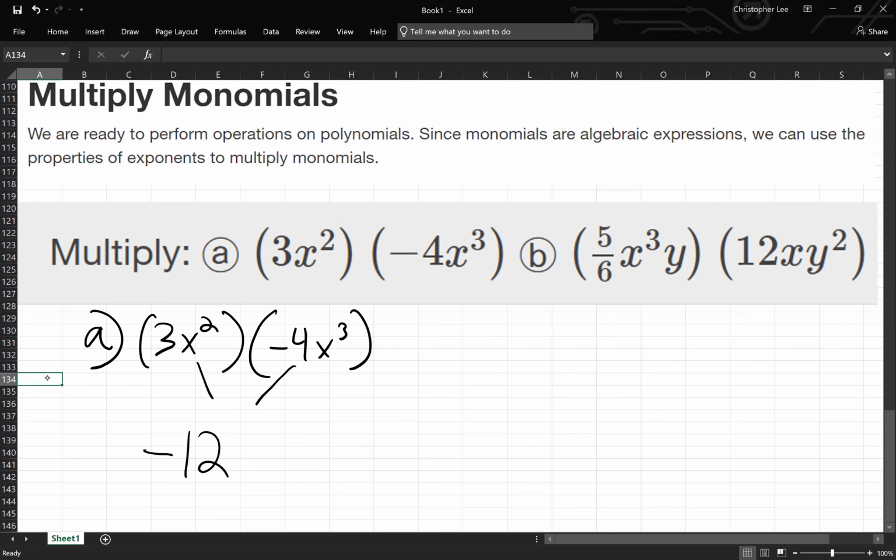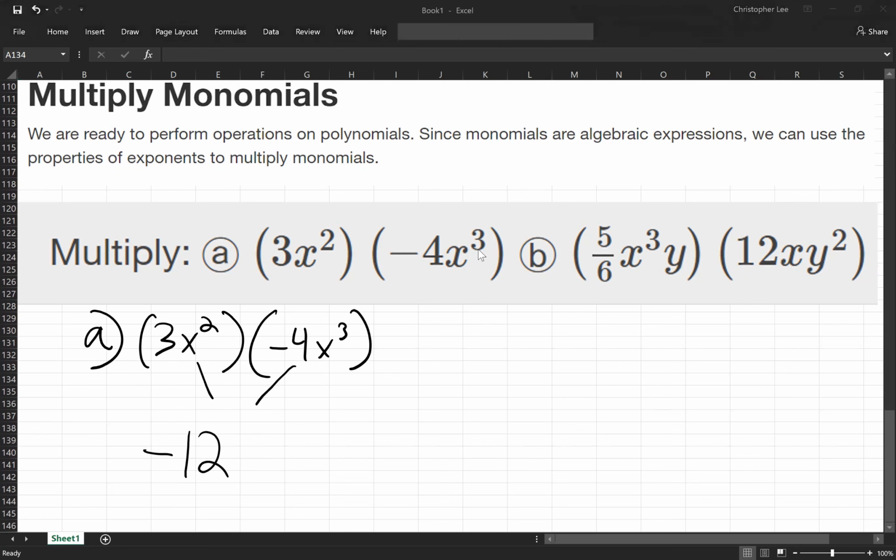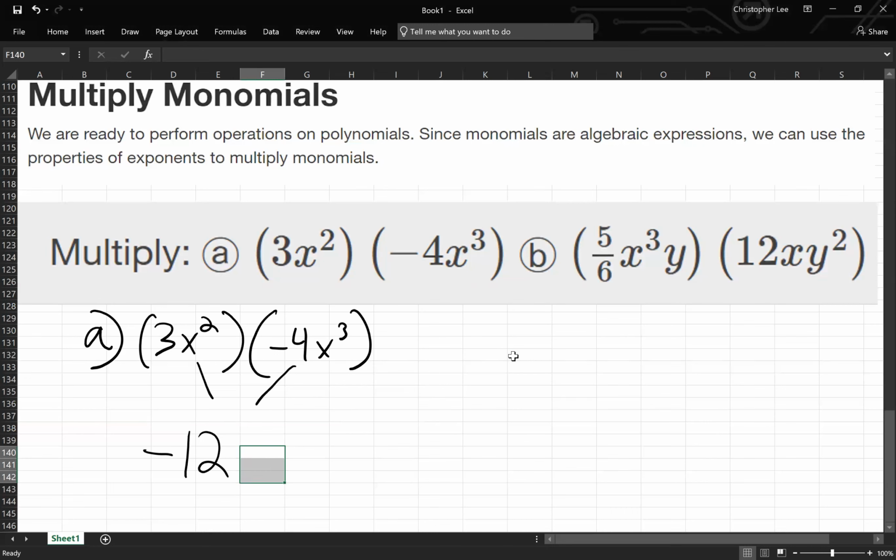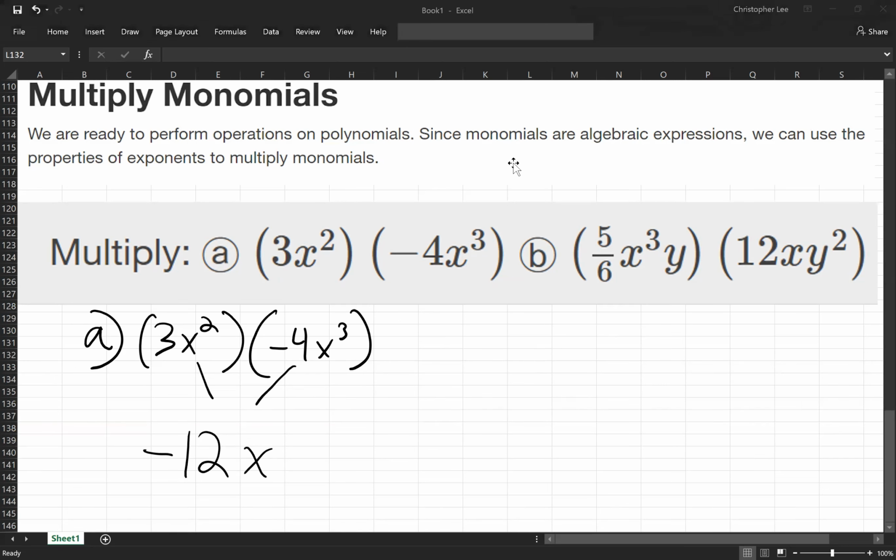And then here's a little bit of a harder question. What is x to the second times x to the third? This would be x to what power? What do I do to powers whenever I multiply them?